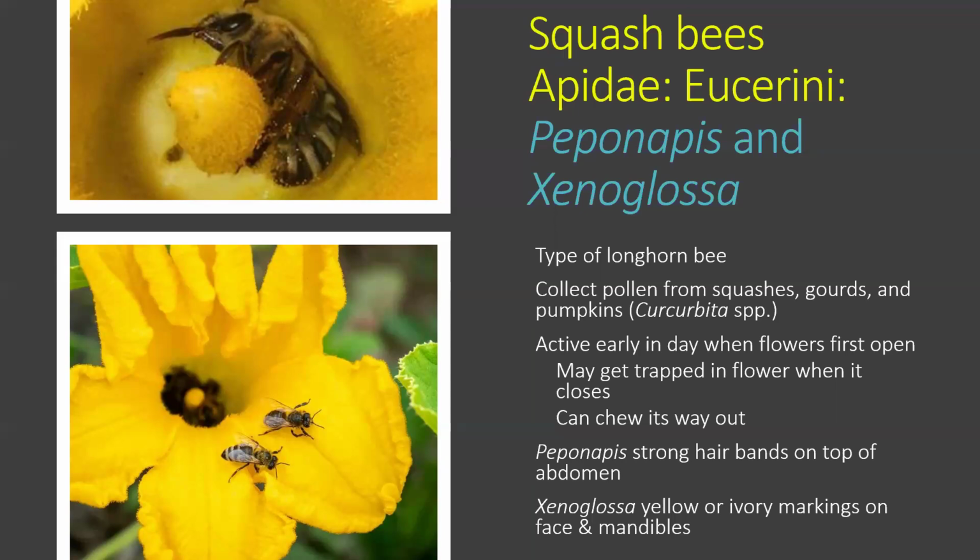So if you look at the bottom picture there, you see the two bees up on the petals, but if you look at that dark space down in the flower, those are actually a whole bunch of other bees that are kind of down in there rolling around and kind of doing their thing. So the Peponapsis are going to have strong hair bands on top of the abdomen. So you can see that on the upper picture there.